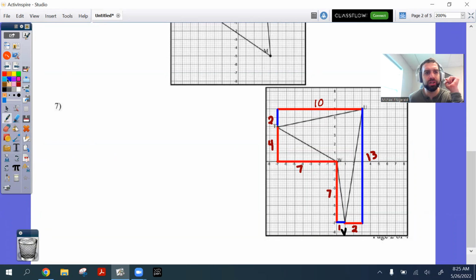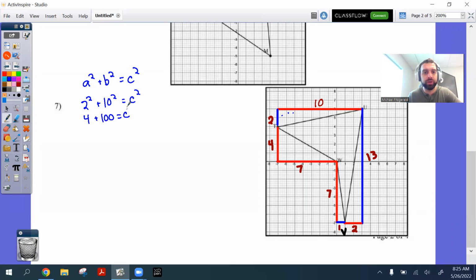So we know a squared plus b squared is equal to c squared, right? We're looking for c squared in each of them. So in this guy here, we have 2 squared plus 10 squared is equal to c squared. Well, let's do some math. 2 squared is 4. 10 squared is 100. So 104 is equal to c squared.